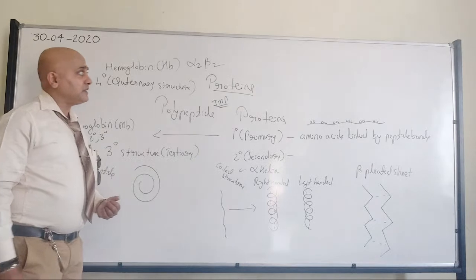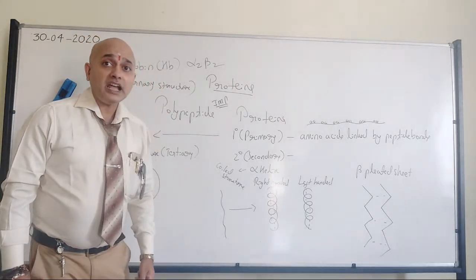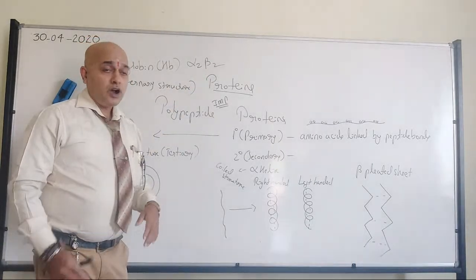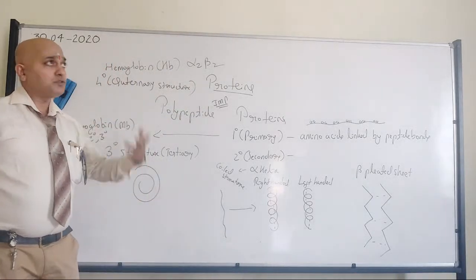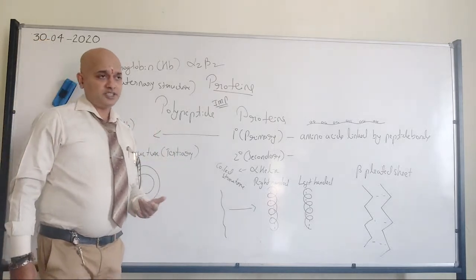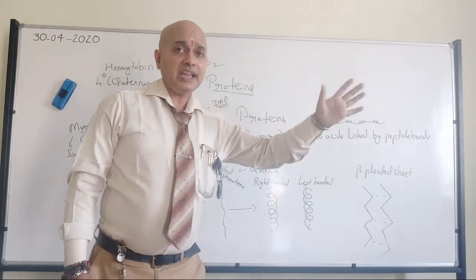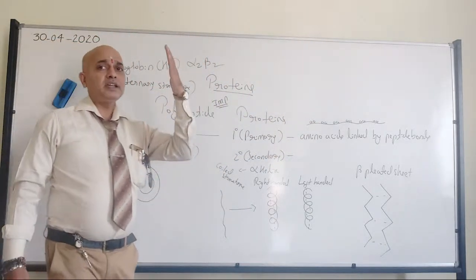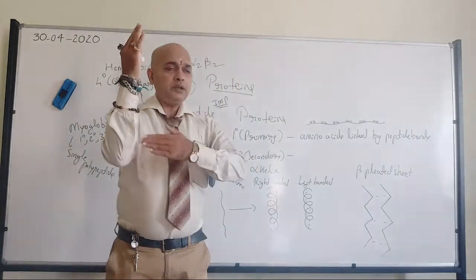As he has written, quaternary structure is nothing but interaction between these polypeptides. How they are going to arrange in a 3D view, that is nothing but quaternary structure. That's what he has written, spatial arrangement, right? For example, imagine this is one polypeptide, this is another polypeptide.